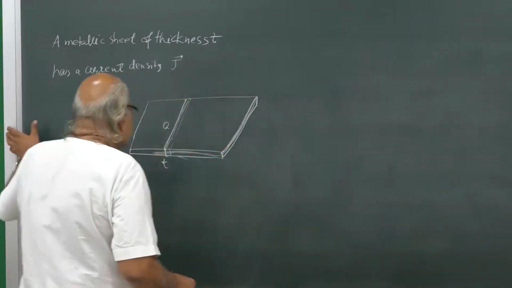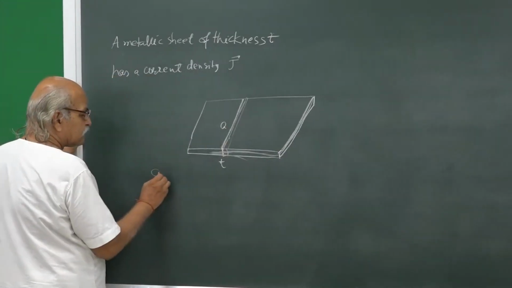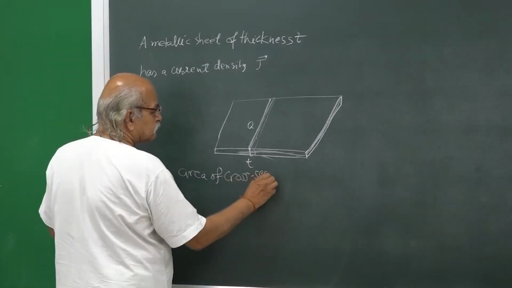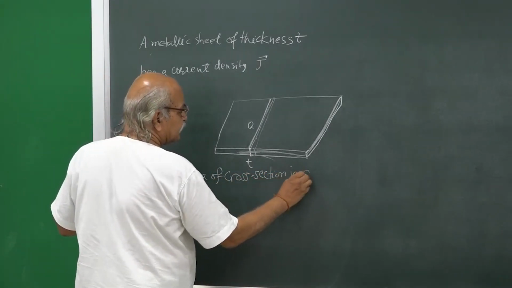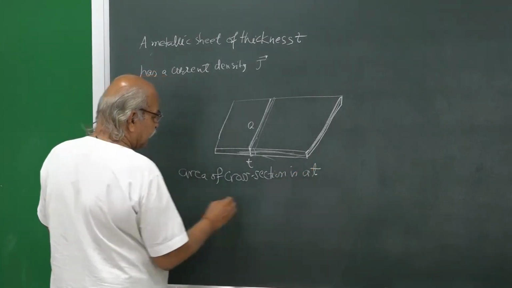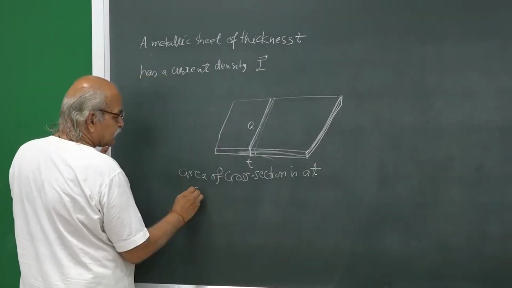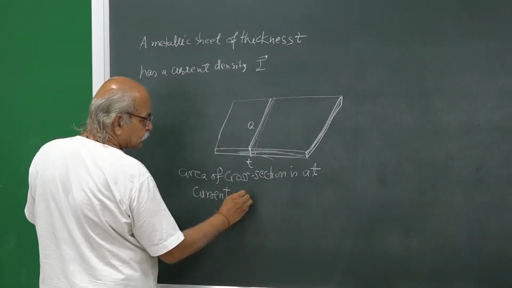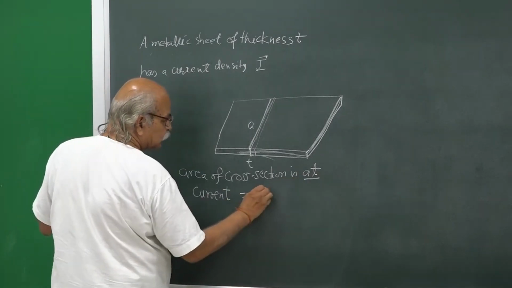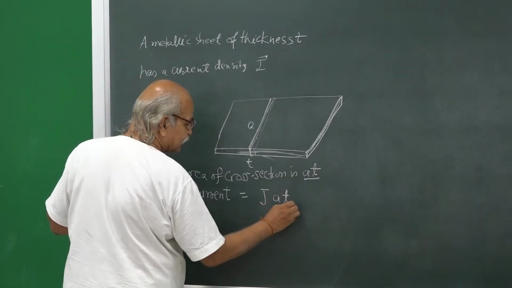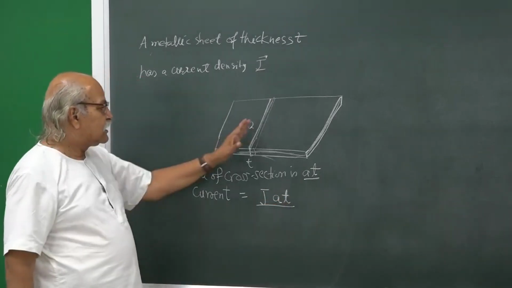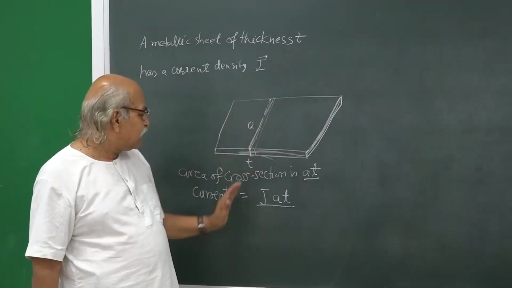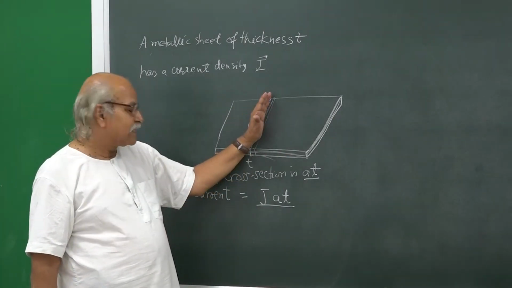So, the area of cross section here is a times t and the current density is J, and therefore the current is J times a times t. So, that is the current which is crossing this cross section.